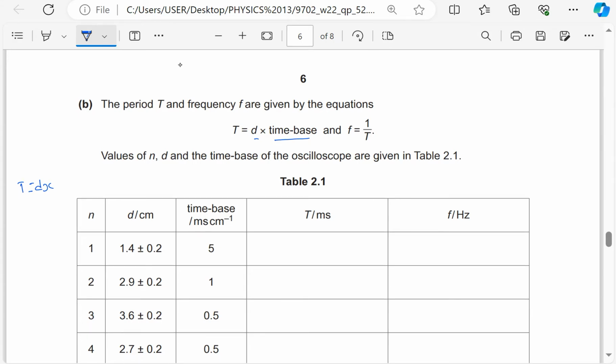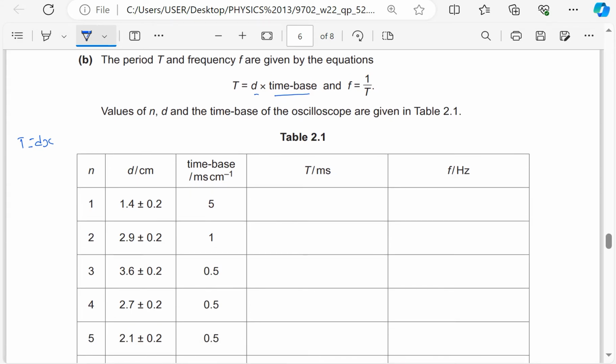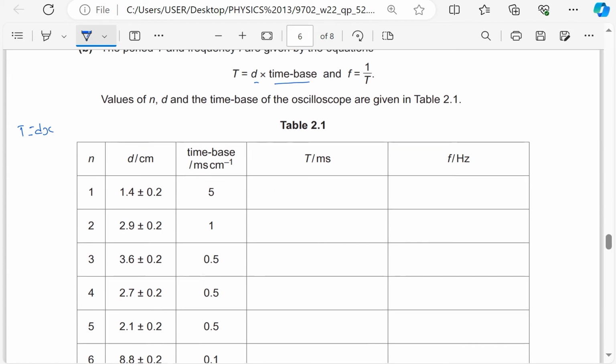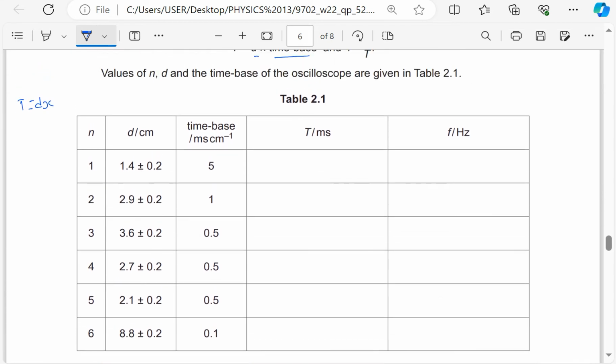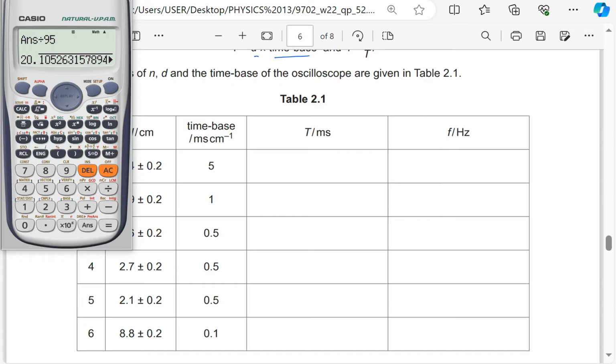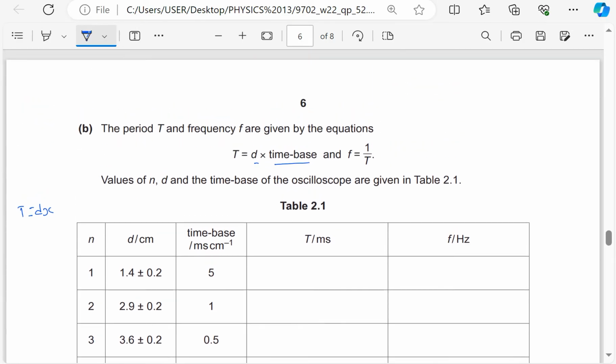So we maintain the number of significant figures. Now note that the time base is a constant. So I'll just take at least two significant figures which are determined by d. So you could have more significant figures, but I'll use those of d.